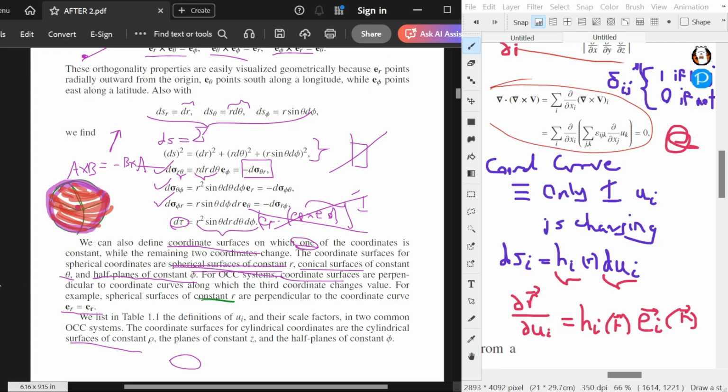Okay, next up, this is kind of small. Let's do constant theta. Which one is theta and which one is phi again?